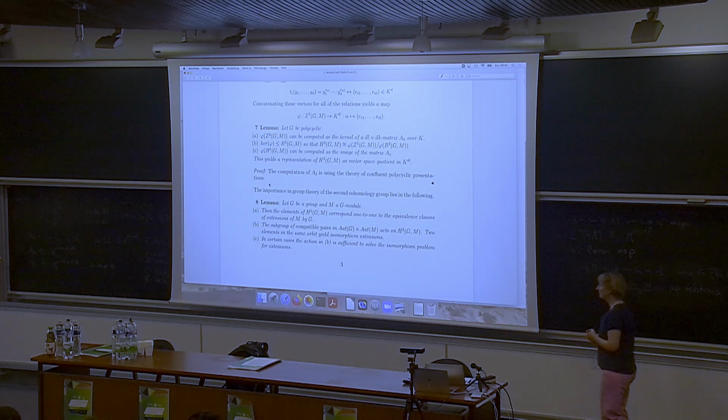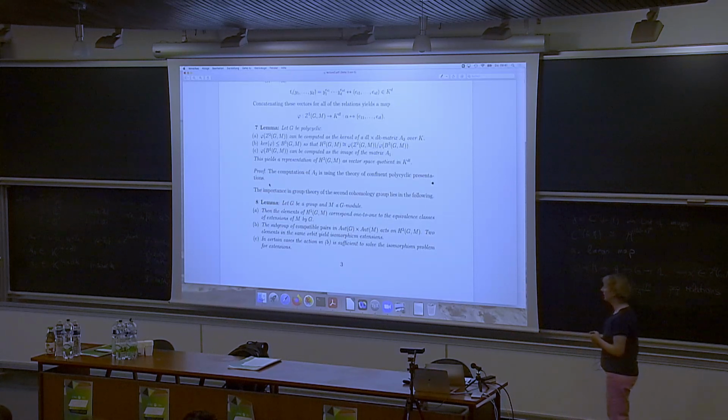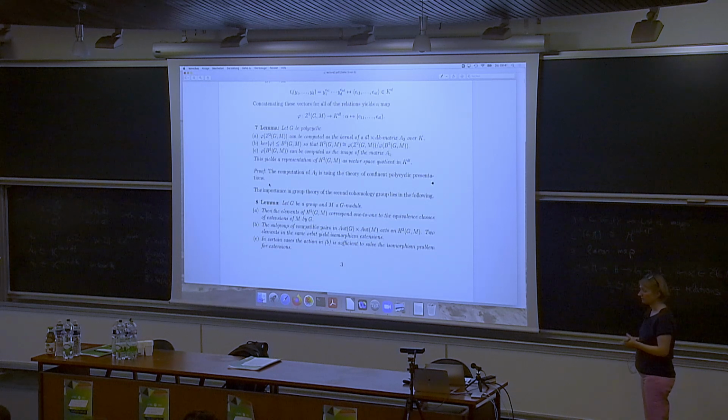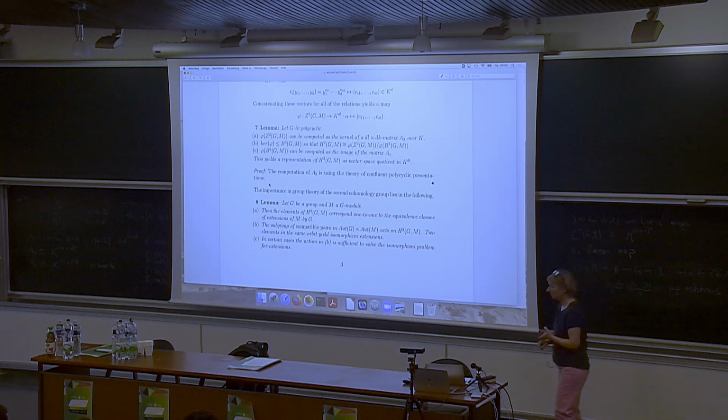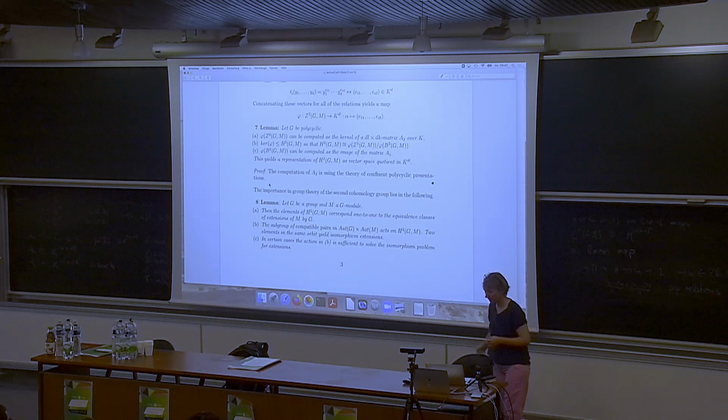In certain cases, this is even sufficient to solve the isomorphism problem for extensions. This is not completely clear, but it tells you the main ideas behind that. So you want to use constructions of H2 for constructing extensions, and using automorphism group actions is going to help with reducing that towards isomorphism types.